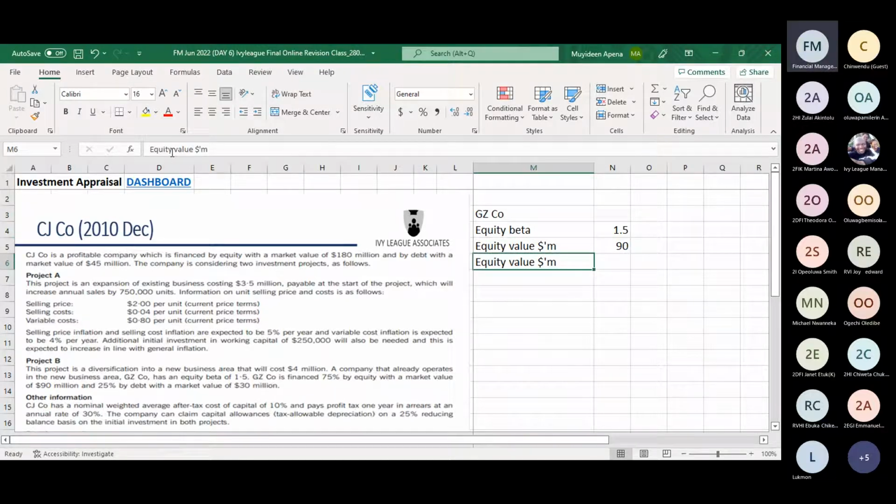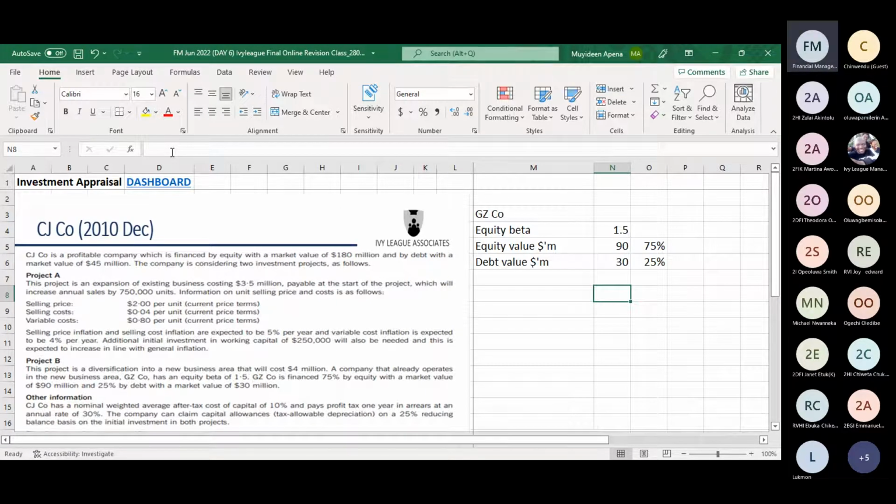Debt value is 30 million. And we are given also their proportion. If you want to work by proportion, we are told this is 75% and this is 25%. And truly, if you do their percentage, you will see that it's true. So this examiner is so nice.